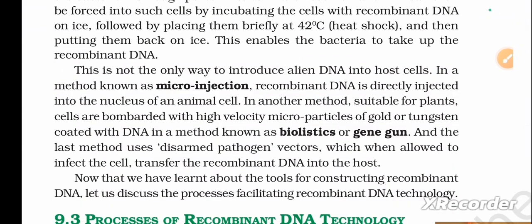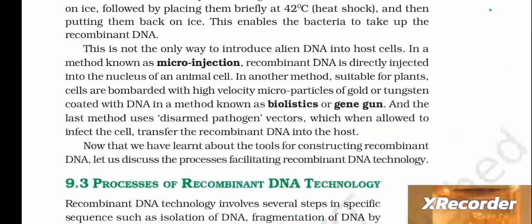This is not the only way to introduce alien DNA into the host cells. In a method known as microinjection, recombinant DNA is directly injected into the nucleus of an animal cell. In another method suitable for plant cells, cells are bombarded with high velocity microparticles of gold or tungsten coated with DNA, in a method known as biolistics or gene gun.